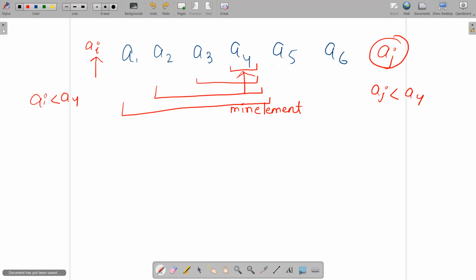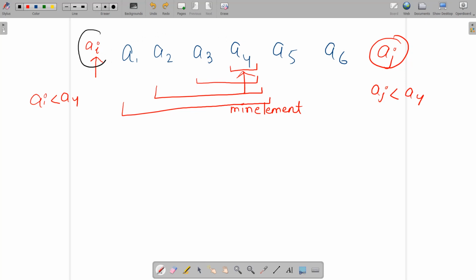It means that all these elements A5, A6 as well as A1, A2, A3 are greater than or equal to A4. It means that the next smaller element to the right of this A4 is AJ, and similarly the next smaller element to the left of this A4 is AI.